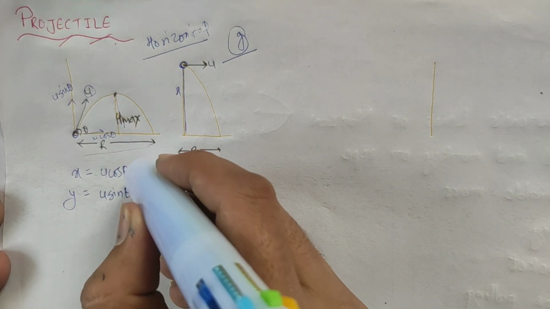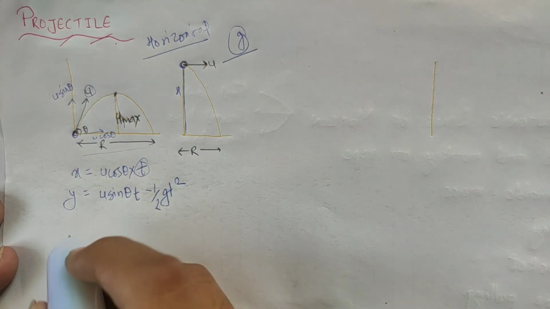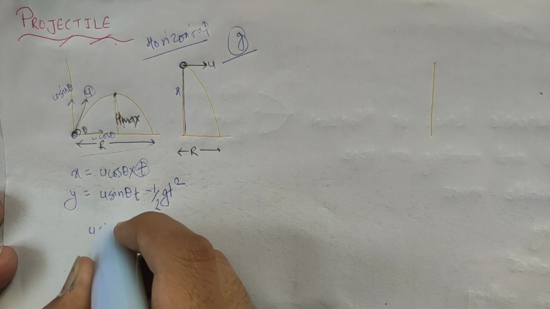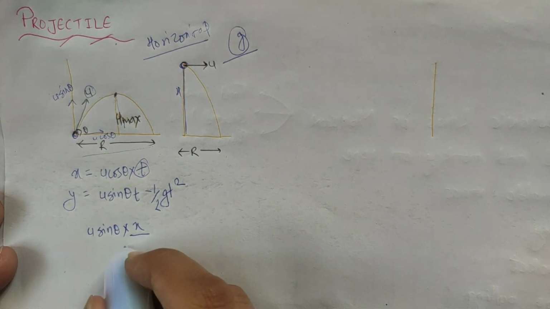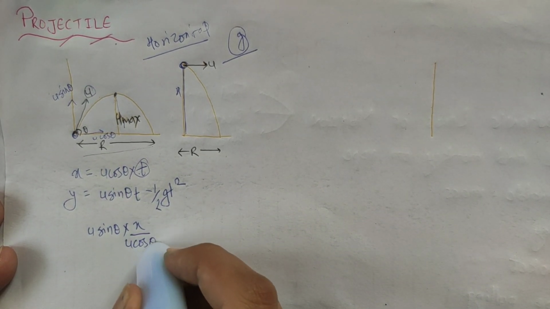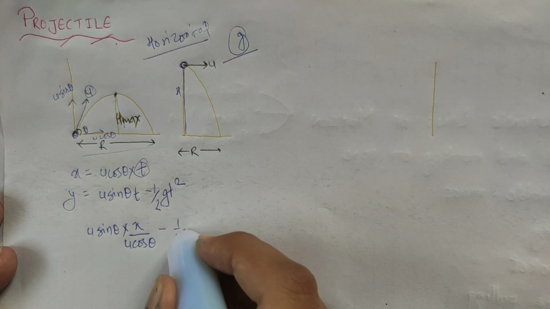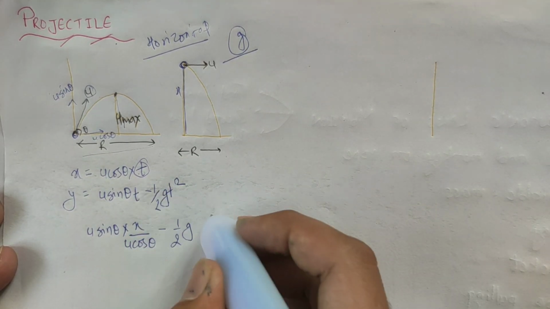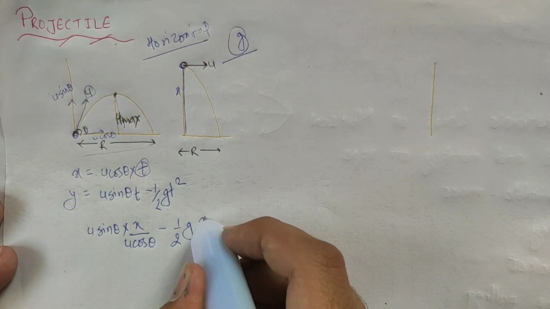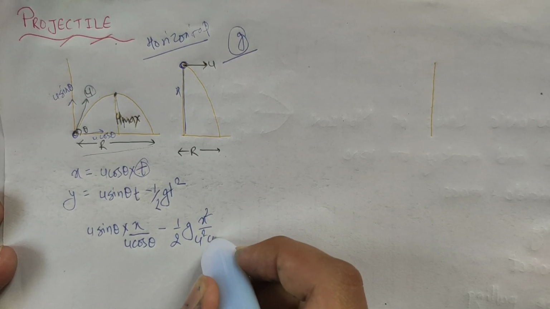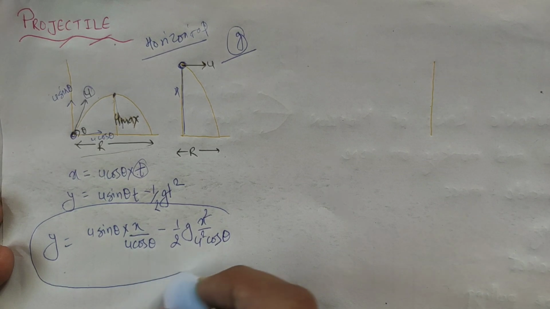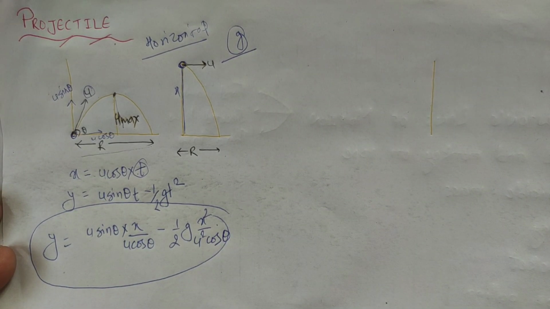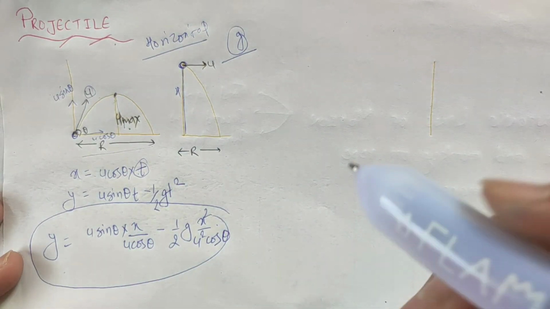Now putting the value of t in this equation, we will get y is equal to u sin theta into x by u cos theta minus 1 by 2 g into x square by u square cos square theta. This is the required equation of this projectile.